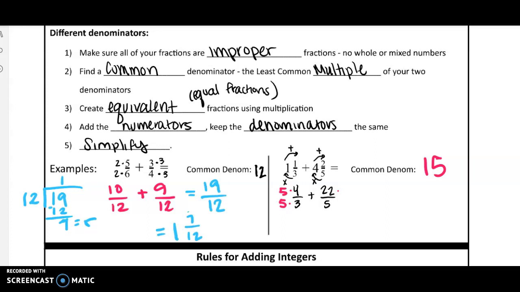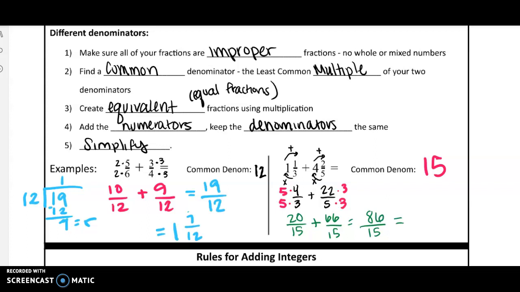So that means on this side, to get from 5 to 15, I have to multiply by 3 on bottom and on top. So 4 times 5 is 20 over 15, plus 3 times 22 is 66 over 15. We keep our denominator the same, and we add our top number. So that's 86.